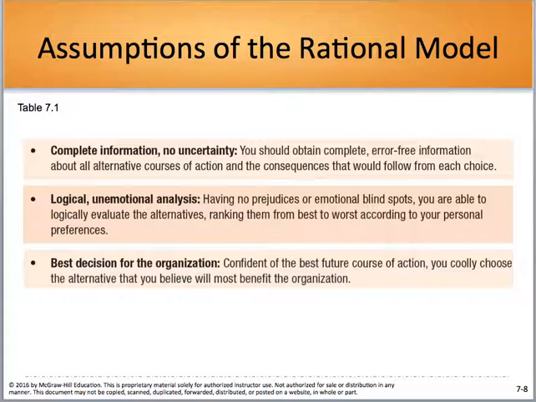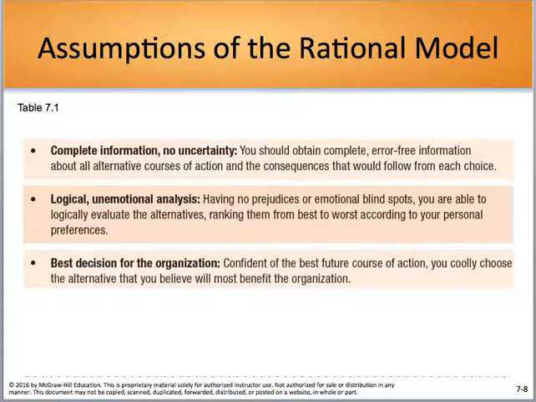Now let's look at some of the assumptions. Table 7.1 shows we have complete information, no uncertainty. You should be able to make sure that it's complete, error-free. You've looked at all alternative courses of action. You've looked at all the consequences of those actions. And then from there, you are making sure that there is logical, unemotional analysis taking place.